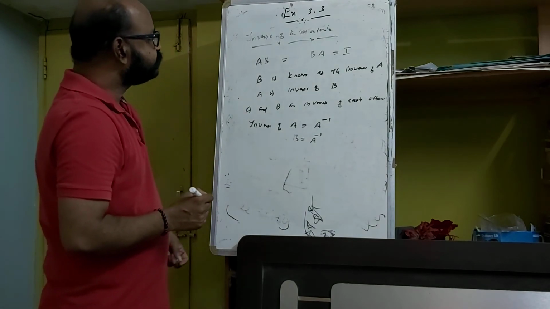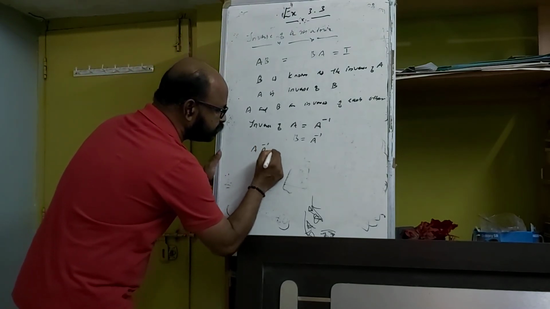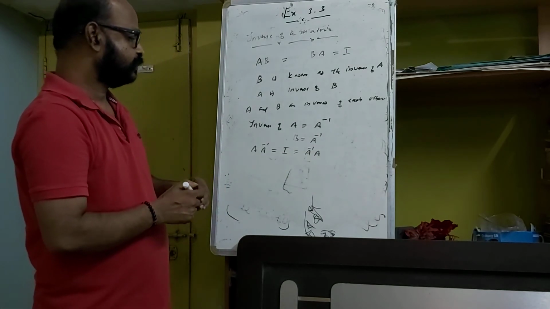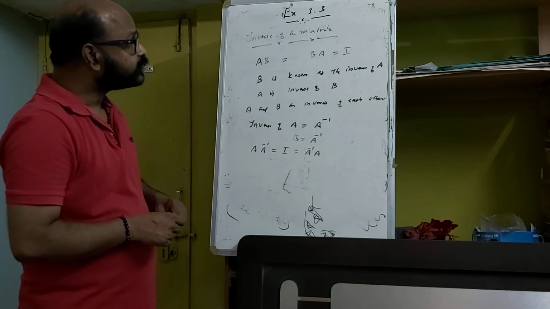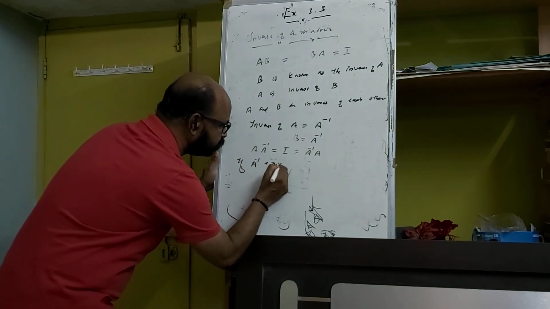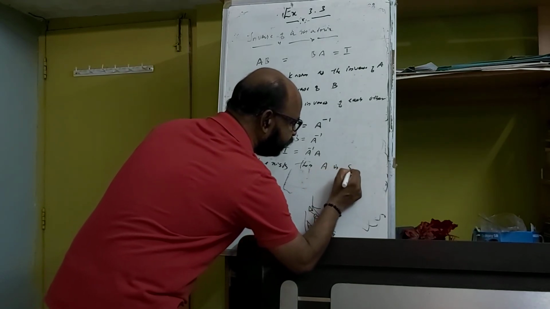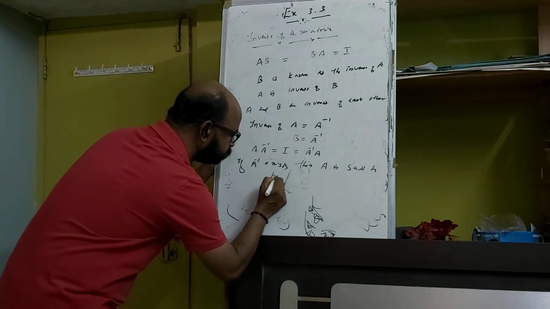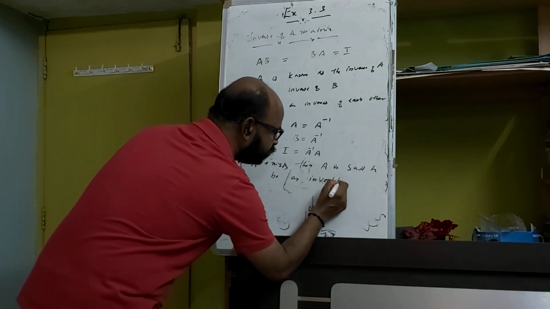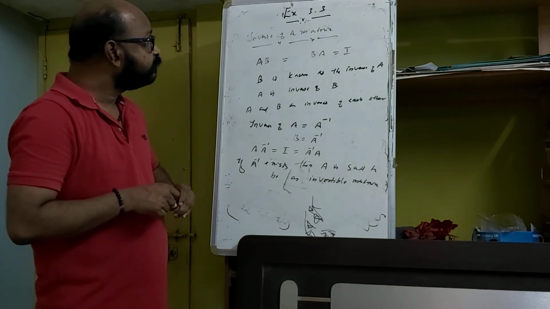So we can rewrite the condition AB equal to BA equal to I as A into A inverse, that is identity matrix I, and A inverse into A, that is also the identity matrix I. And if A inverse exists, then A is said to be an invertible matrix.